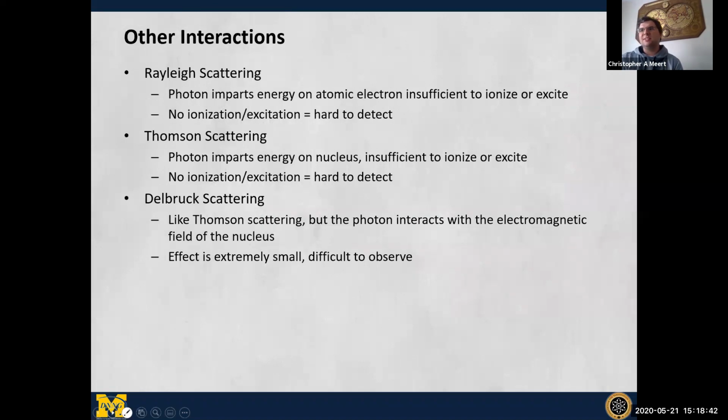Thomson scattering is quite similar, except it's imparting energy on the nucleus. Again, without ionization or excitation, it is difficult to detect. Delbruck follows along the same lines. This is also a very small effect that can be hard to actually see occur.